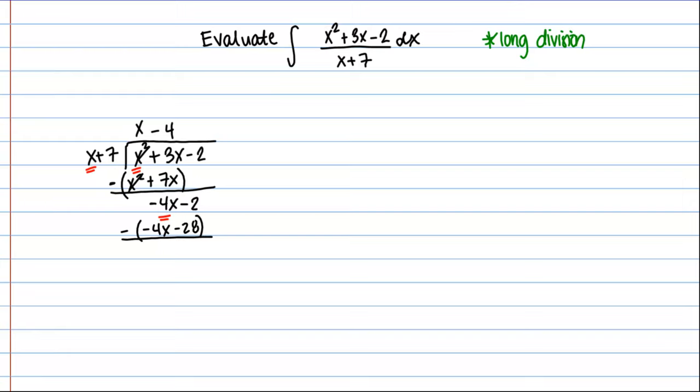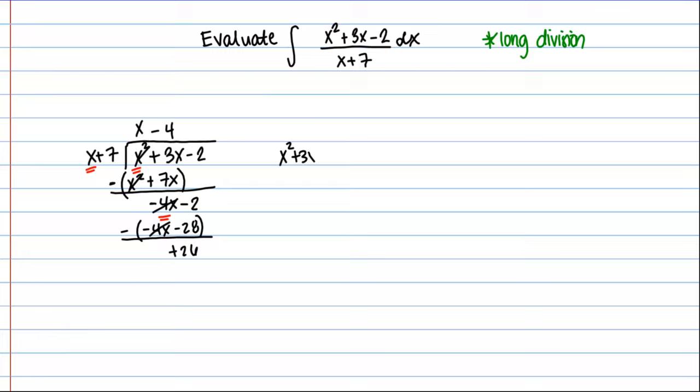So negative 4x minus negative 4x is 0, so those cancel. And then I have negative 2 minus negative 28, which gives me positive 26. And now I'm finished because x will not go into 26.